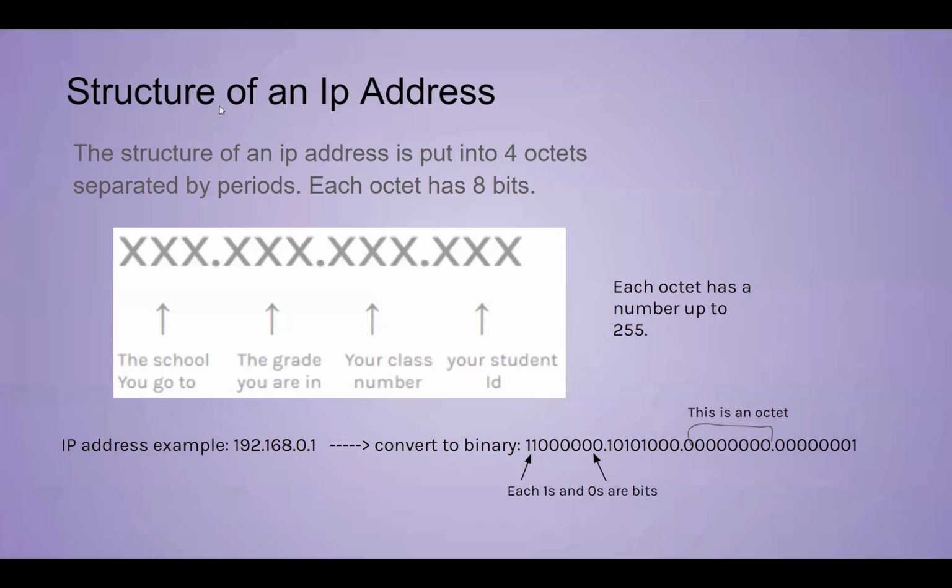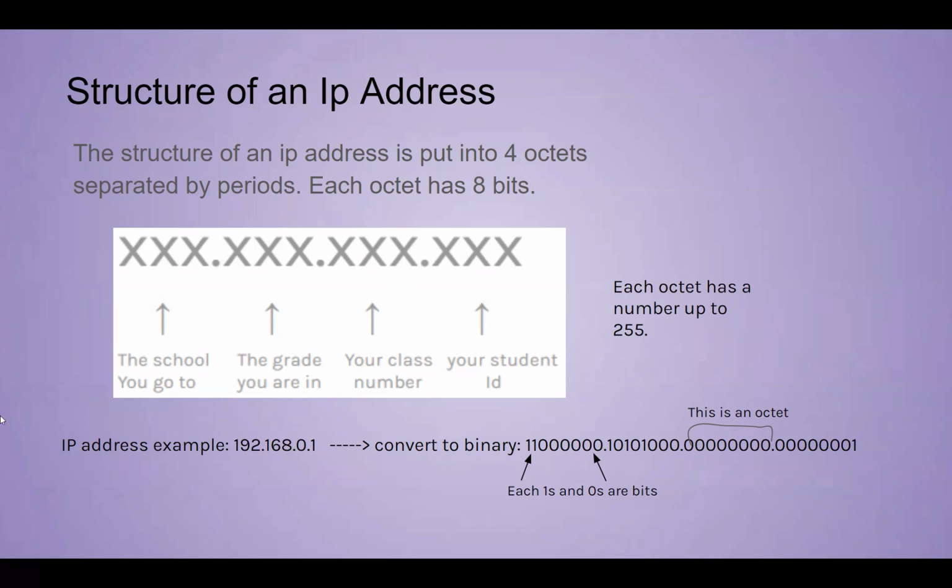The structure of an IP address has 4 octets, which each consist of 8 bits. An IP address example is 192.168.0.1. There are 4 octets which are separated by these periods. So 192 is an octet, 168 is an octet, and 0 and 1 are octets.